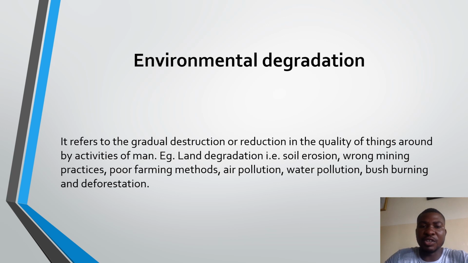We degrade or destroy the environment by the activities of man, meaning that man uses the environment. So man destroys the environment for his own selfish interest. Examples are land degradation, soil erosion, wrong mining practices, poor farming methods, air pollution, water pollution, bush burning, and deforestation.